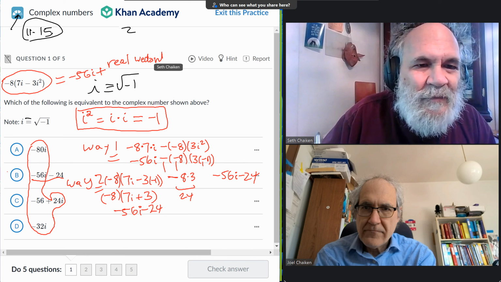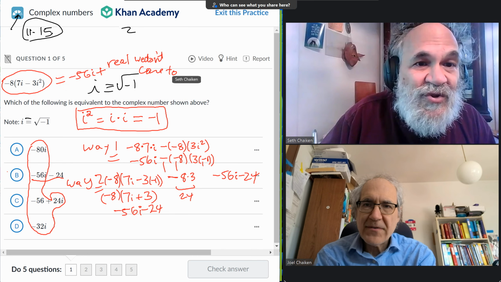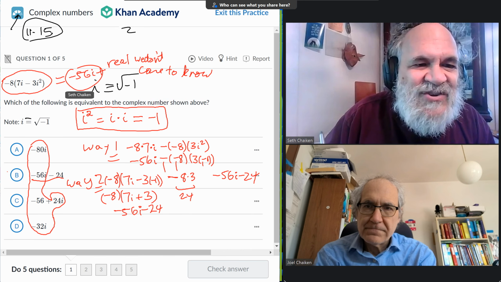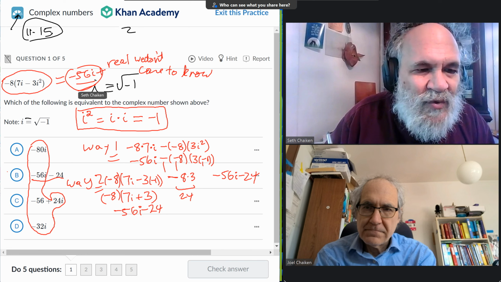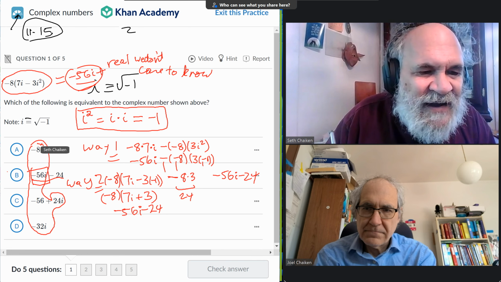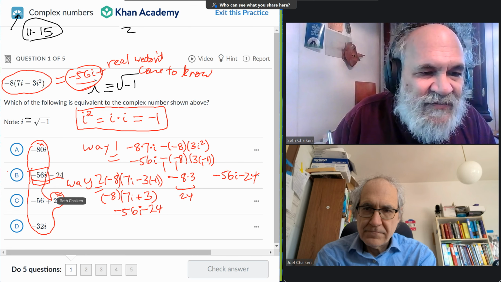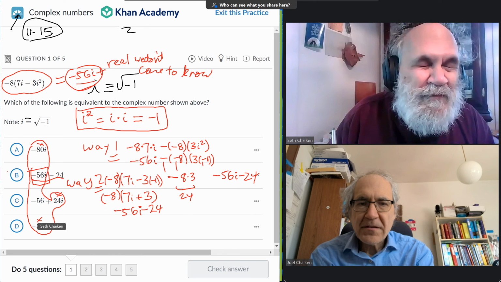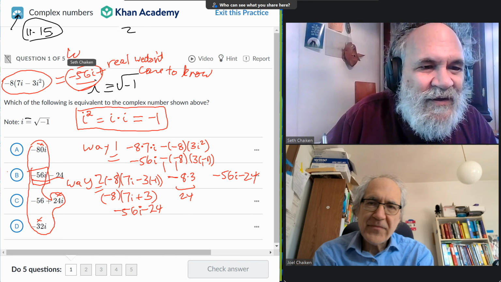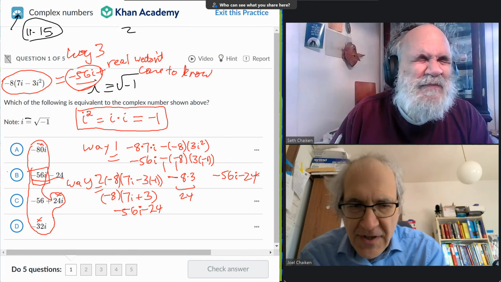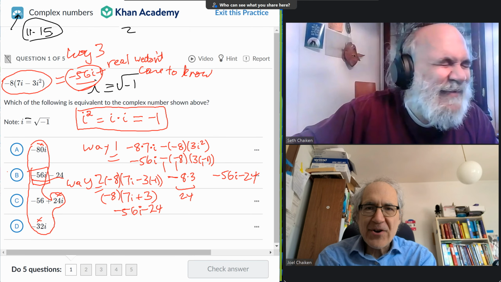We don't care about that real number. We just match this 56 with this 56. It doesn't match 80i, it doesn't match 24i, and it doesn't match minus 32i. So way 3 is by far preferable because you can do it very, very quickly.